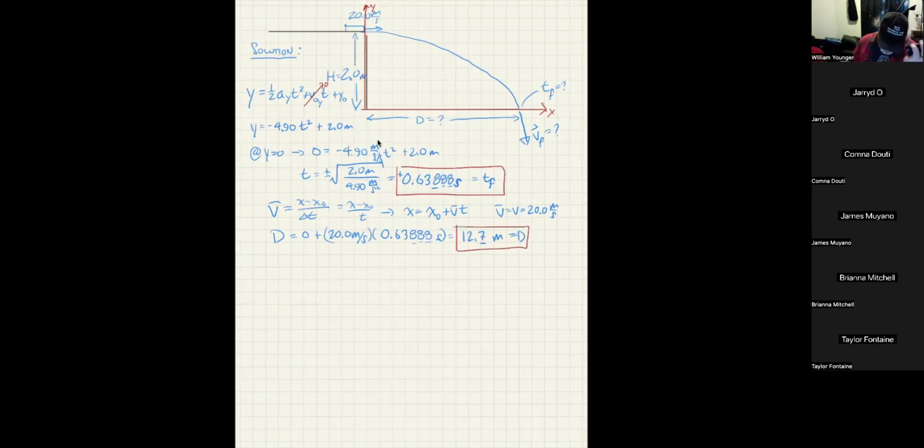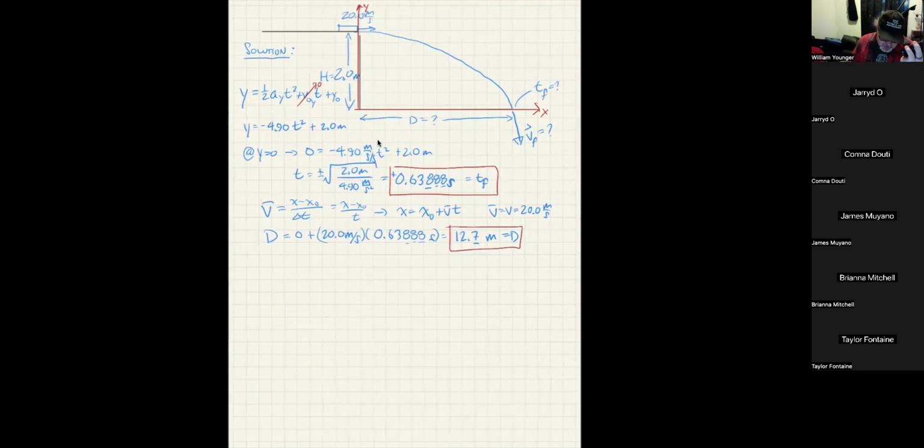Where does the 0 come from? Okay, so you see that my coordinates have the origin right here. That means the position x at time t equals 0 is clearly right there directly above the origin. So x0 is 0.